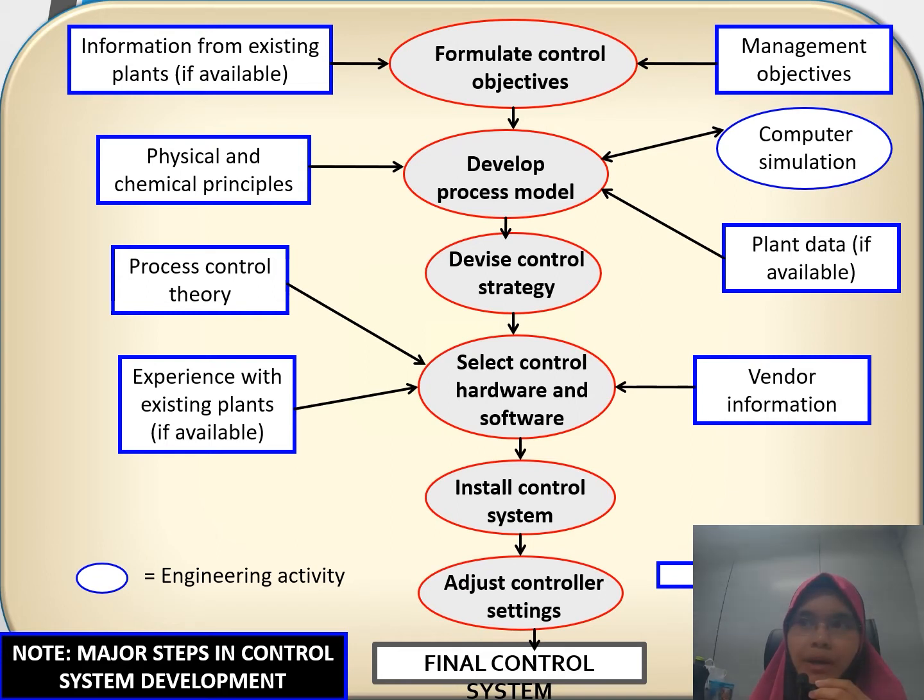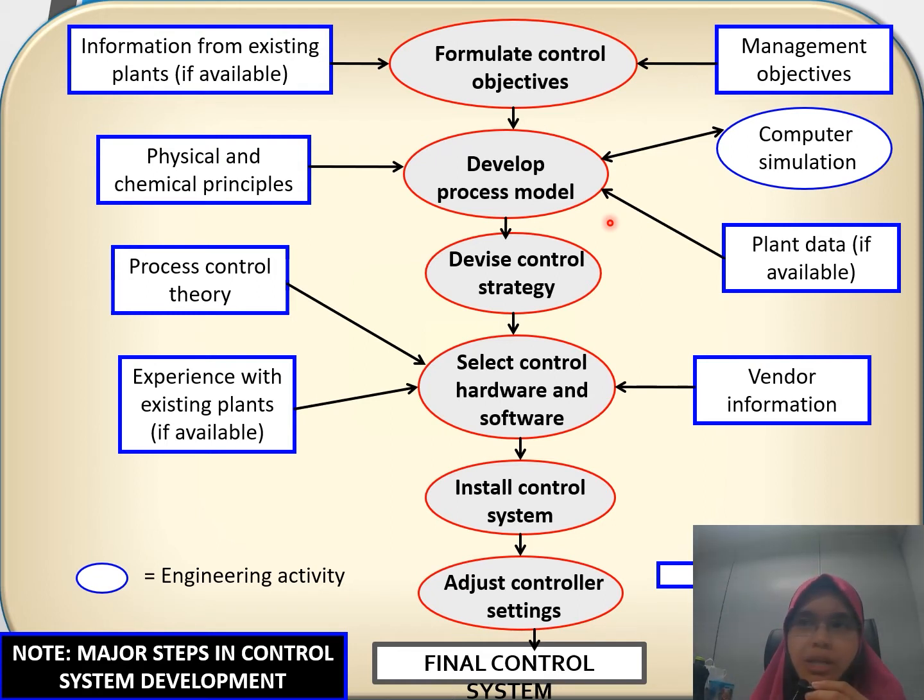You don't have to do the development of the model, which is from a mass balance or energy balance. It will take another years if you have to develop that process model. You don't need to do that.